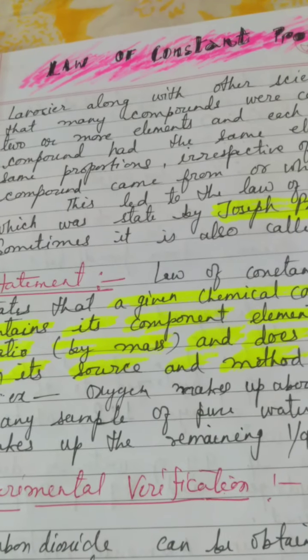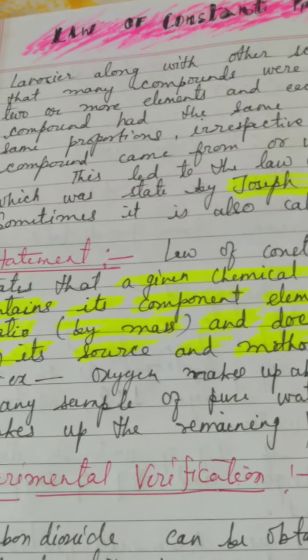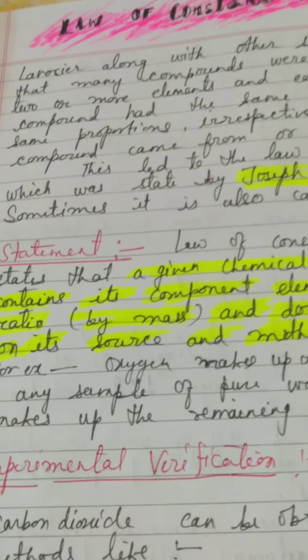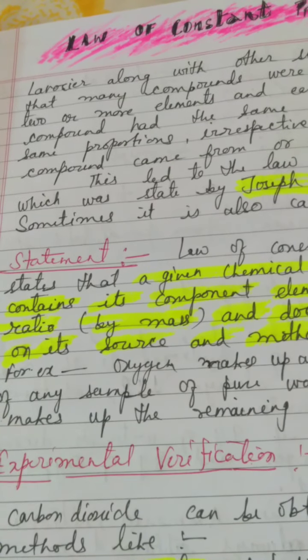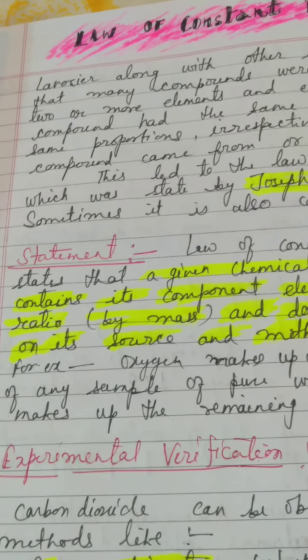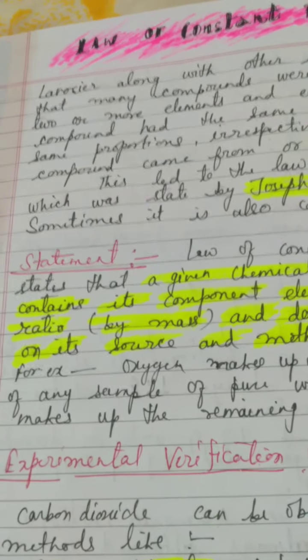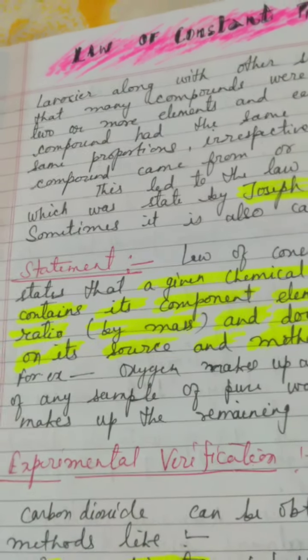So we are moving in a precise way only to find the last particle of the atom, children. This is the study which will succeed in finding the last particle of matter, which will be your atom, no doubt about it.